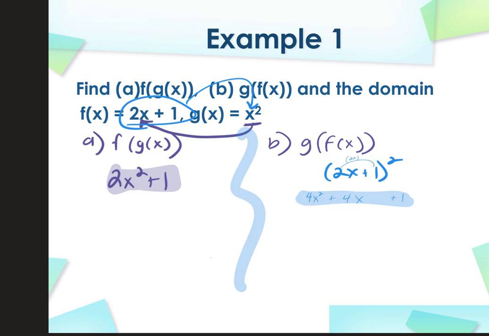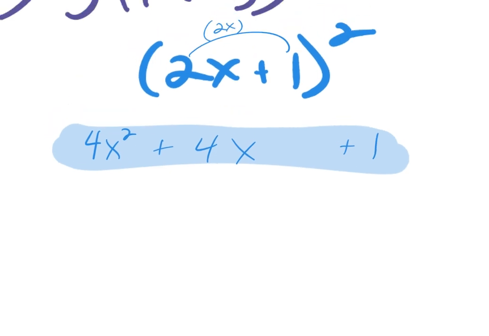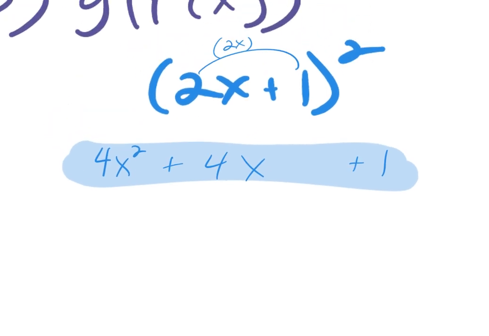If that then said plus 3 and I can go further to simplify it, then I expect to see it expanded and FOILed. And just know that if it is a multiple choice question, you're going to see one or the other. You won't see both, okay? So the shortcut on the squares is square the first, square the last, and then double the product of the two terms. And that's how I got to 4x squared plus 4x plus 1.